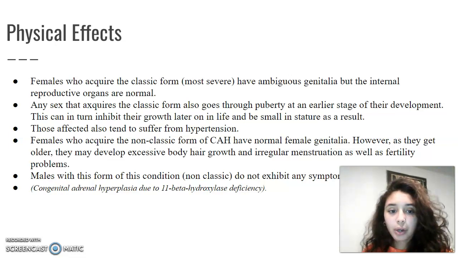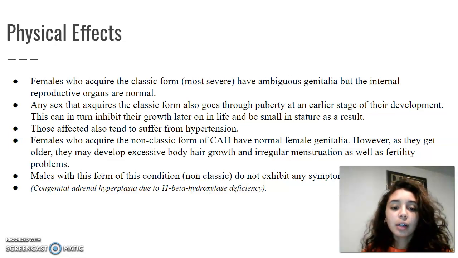Any sex, however, that acquires the classic form goes through puberty at an earlier stage of their development, which can in turn inhibit their growth later on in life and can result in them being small in stature. People also tend to suffer with hypertension, again going back to those imbalances in hormones such as cortisol.